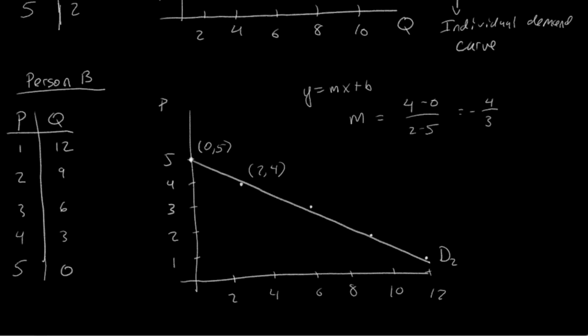We know b is equal to 5 because this is the y-intercept. So we have y equals minus 3/2 x plus 5.